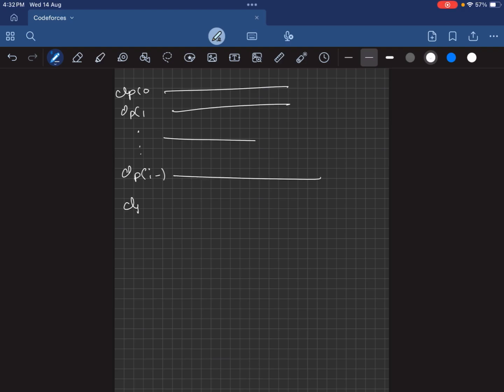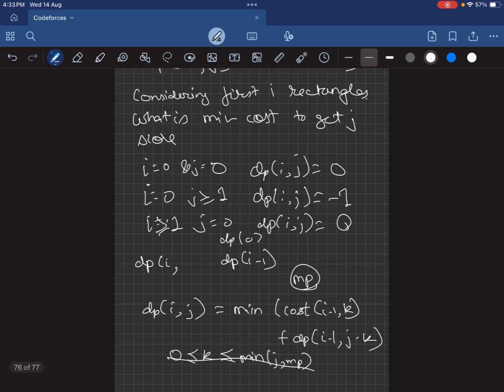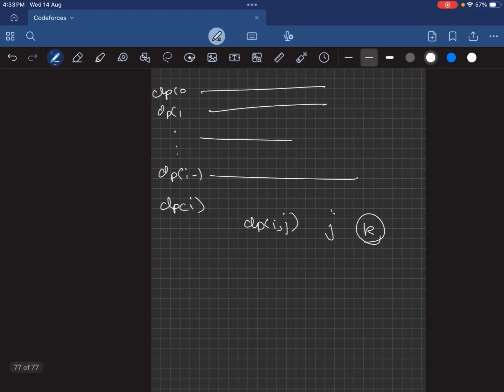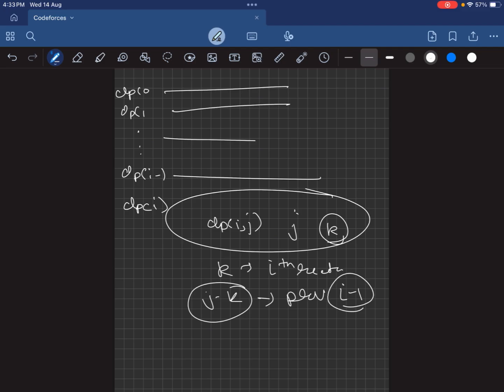While calculating dp of i comma j, we say that to get j, we can take k many points from the current rectangle, the ith rectangle, and j minus k many points from the previous i minus 1 rectangles.